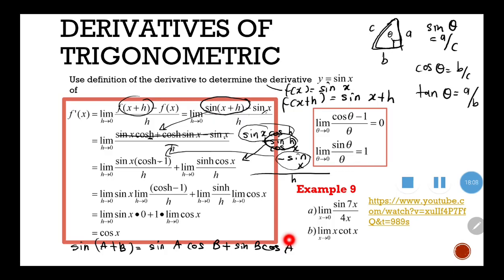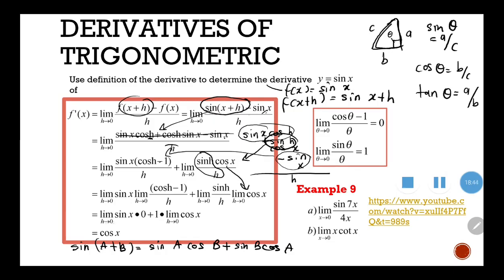So divide it into 2. Next, we try to solve the limit one by one. So limit as h approaches 0 for sin x, and limit as h approaches 0 for (cos h minus 1) over h, plus limit as h approaches 0 for sin h over h, and limit as h approaches 0 for cos x.